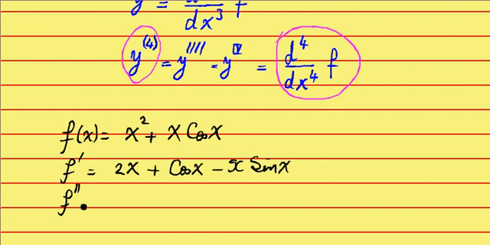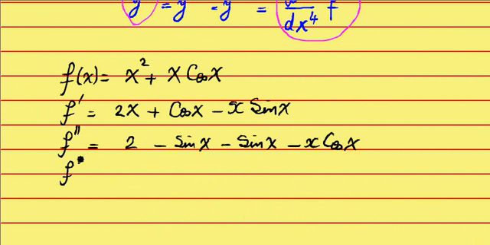If I want to differentiate twice, derivative of this will be 2, derivative of cosine of x, minus sine of x. Derivative of that one, I have to apply the product rule. I'll have another minus sine of x. Derivative of x is 1 times sine. It's going to be minus sine of x. Derivative of sine is cosine, and that's going to make me minus x cosine of x. Perhaps sometimes some simplification might be in order, so I'll have 2 minus 2 sine of x minus x cosine of x.